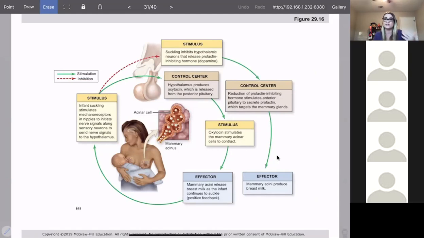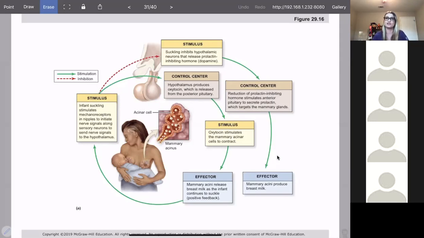That's the strongest stimulus. But initially, remember your hormones are all out of whack, so it could be just you thinking about the baby and then you feel the letdown, or you could hear a baby cry. It doesn't even have to be your baby. Letdown. It's the most bizarre thing that happens, but eventually this will balance out.